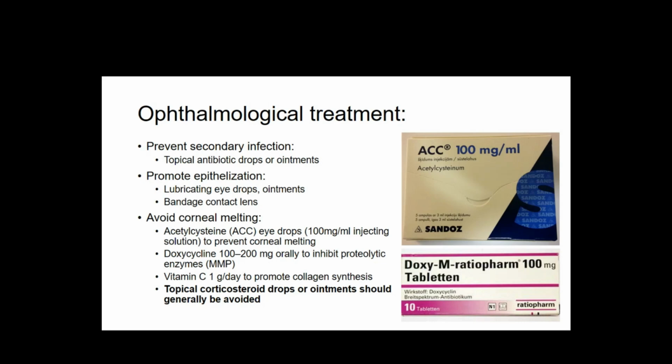And for this, we normally also add doxycycline tablets. It also has an effect on the matrix metalloproteinases. And to promote collagen synthesis, we normally add vitamin C, which is also important for collagen synthesis. And we try to avoid corticosteroid drops and injections because this might promote corneal melting.